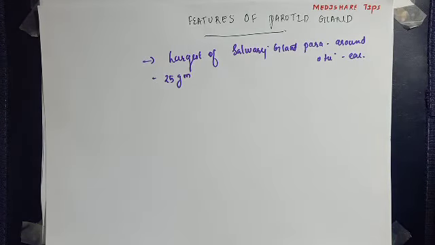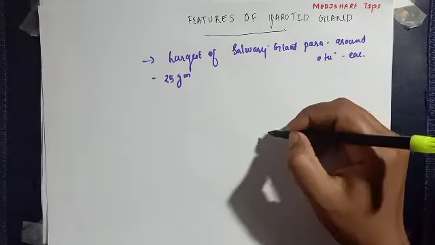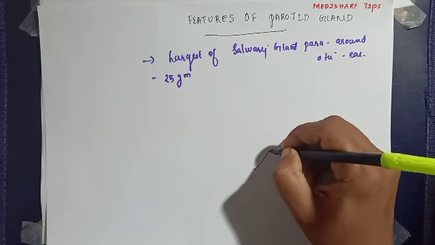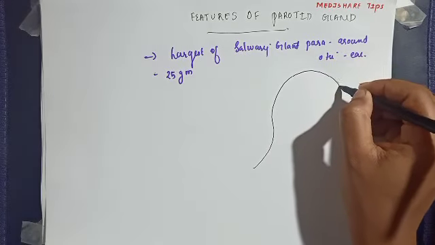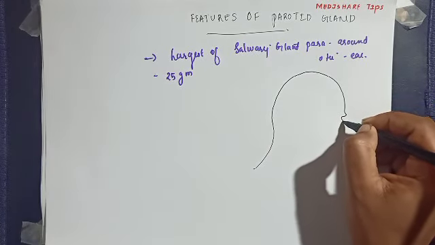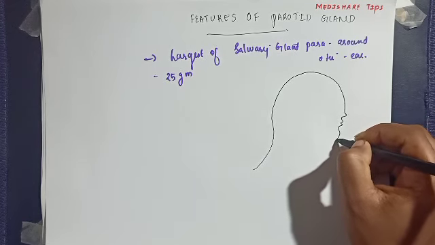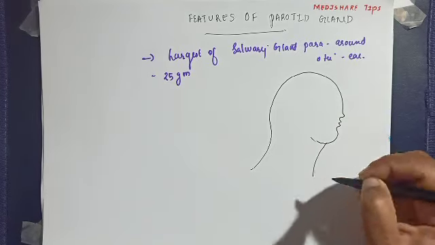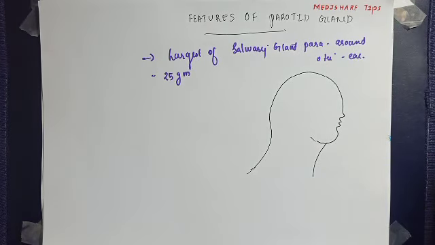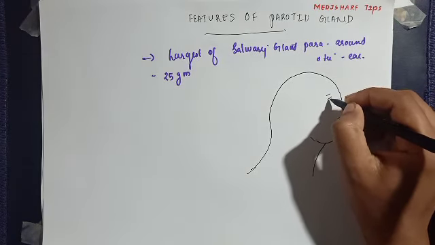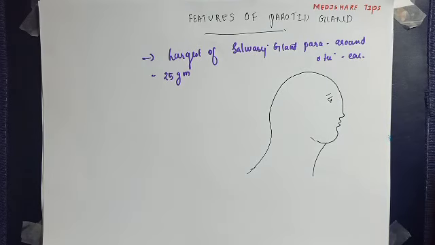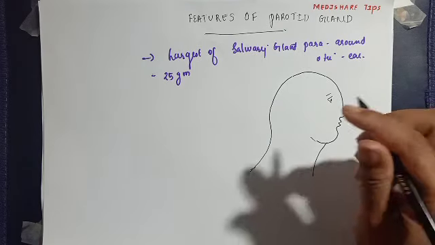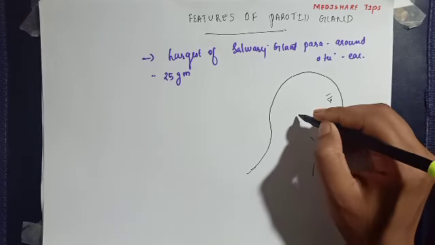Now we will discuss the location of this gland, that is, where this gland is actually located. So I will draw the diagram here. Now I am drawing some important bony parts here.